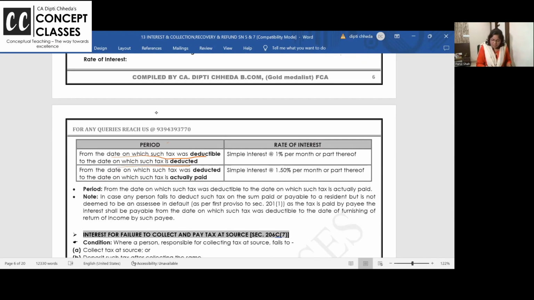Say tax was deductible by 30th of September, but you missed and you deducted it on 30th of November. So for 2 months, interest will be charged at the rate of 1% on delay in deducting TDS. Now, from the date on which tax was deducted till the date actually deposited, you deducted on 30/11.